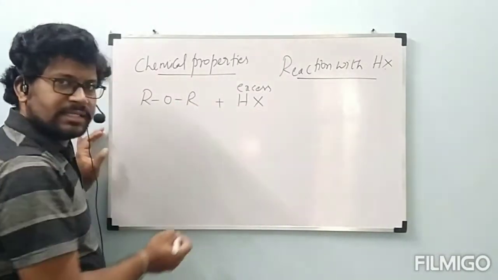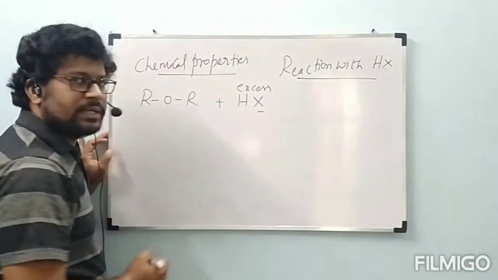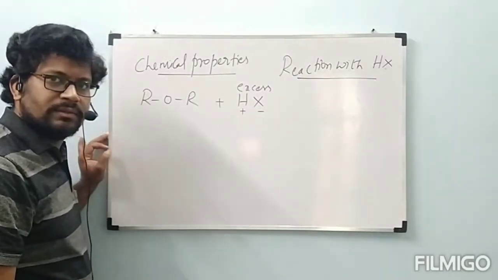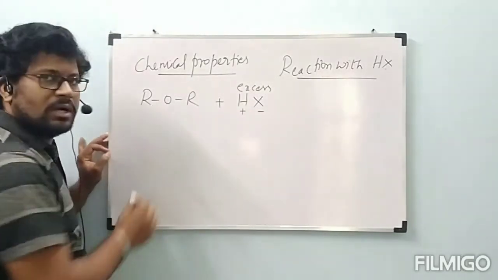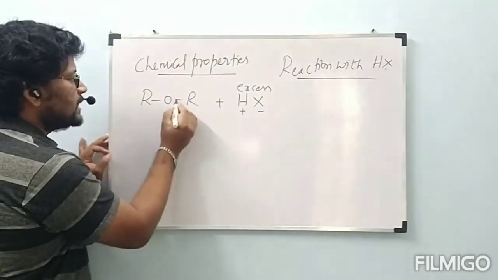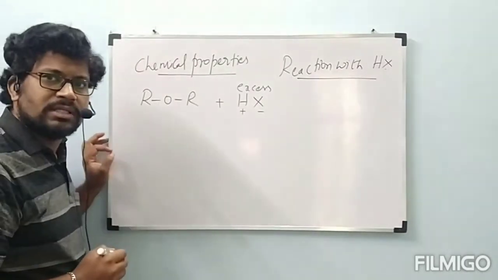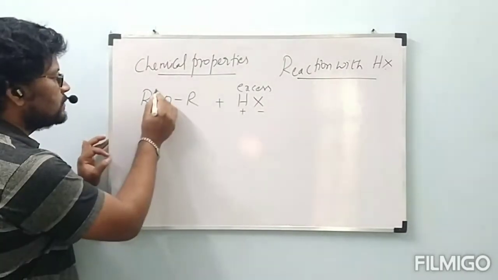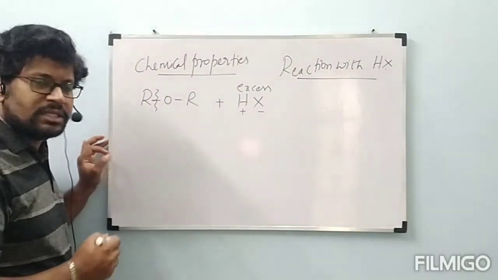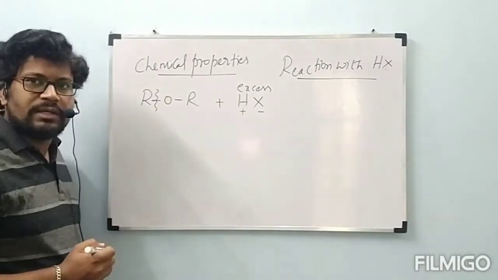between hydrogen and X, X is more electronegative, so it gets the negative charge and H gets the positive charge. In ROR, on whichever side, left or right, the carbon-oxygen bond is going to be cleaved. Suppose this RO bond is cleaved.